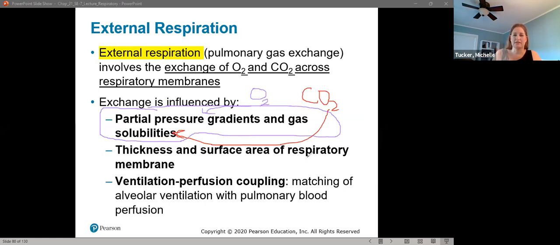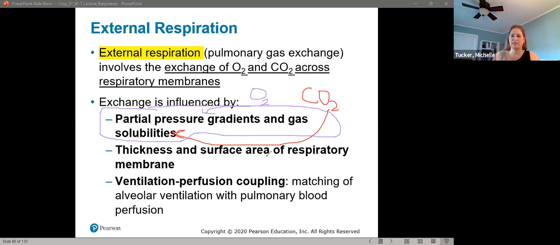The thickness and surface area of the respiratory membrane normally don't limit diffusion. The thickness is very, very thin, so that's not a barrier to diffusion, and the surface area of the alveoli and the respiratory membrane is tremendous. So these are not limiters unless there is a disease process.